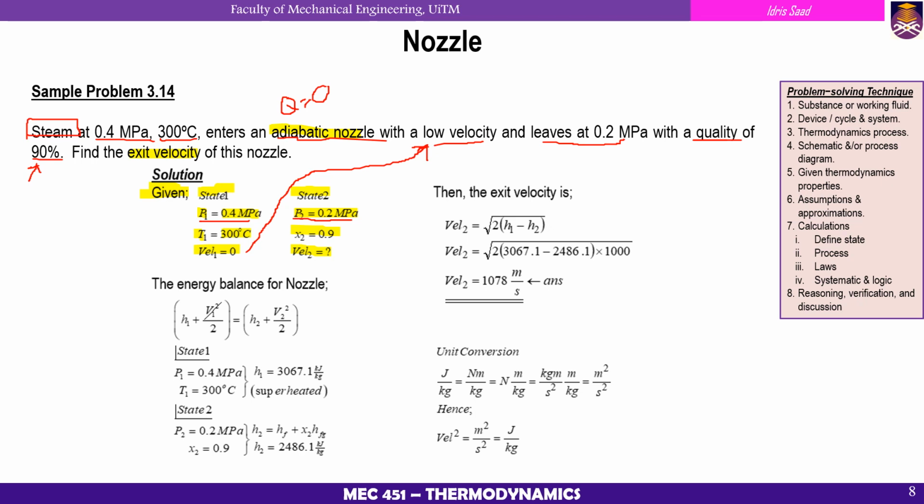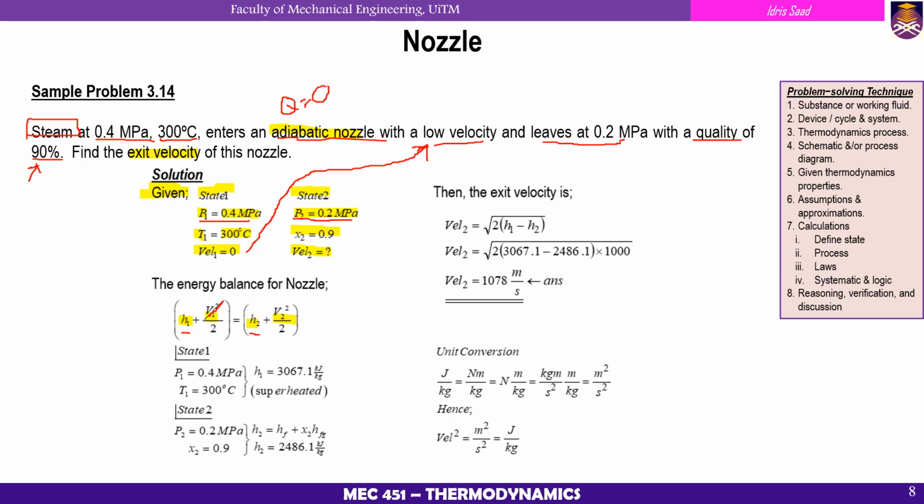Then we have H1 plus kinetic energy equal to H2 plus kinetic energy at state number 2. We already know that V1 is equal to 0. So our equation is H1 is equal to H2 plus V2 to the power of 2 divided by 2, or we can say divided by 2000.